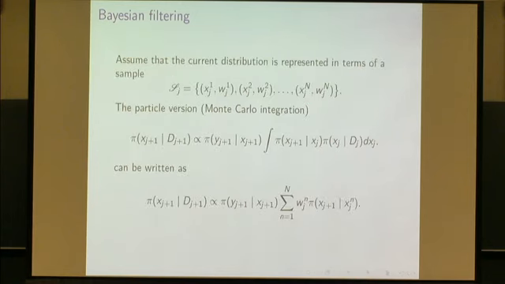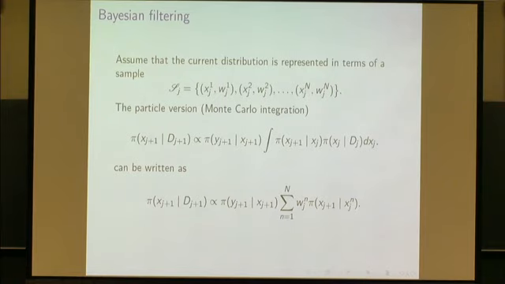Now, this was in the continuous case. We're starting to see how we approximate the different pieces. We assume that we have a distribution, the current distribution. The j subscript indicates the current state, and j+1 is the next one when we're advancing.